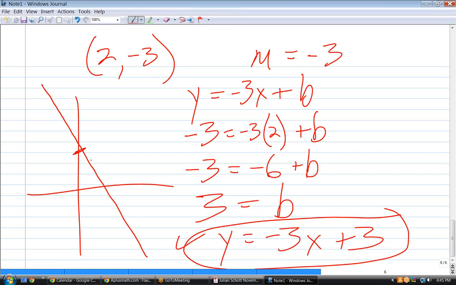No matter what point I pick on that line, I can pick a point down here, I can pick a point up here, I can pick a point there. If I plug in the x and y coordinates of that point, it's got to agree with that equation. That's what that equation means. It is the collection of all x and y points that are on that line.